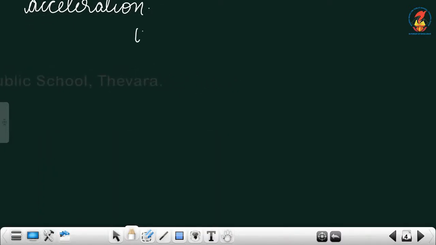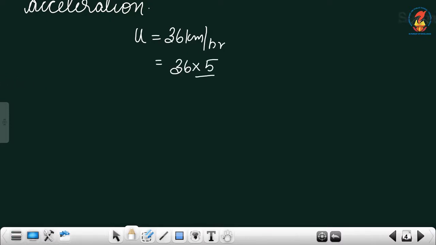So, initial velocity u equal to 36 km per hour, that is equal to 36 into 5 by 18, that is equal to 10 meter per second.